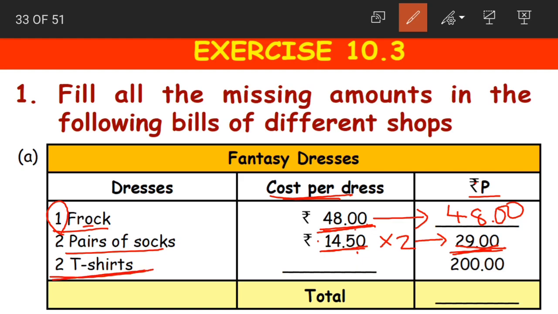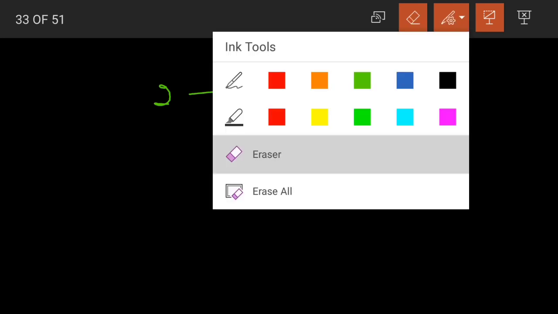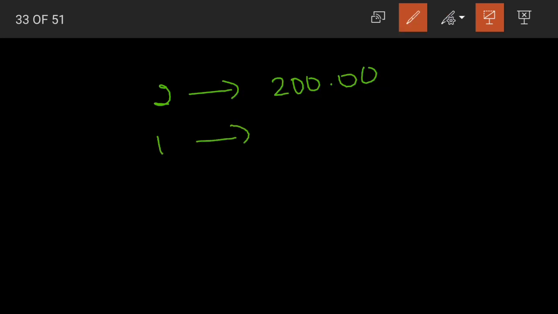Then we have bought two t-shirts. The cost per t-shirt is not given, but the total rate of two t-shirts is given. Two t-shirts cost 200 rupees. Then how much does one t-shirt cost, children? How can we know? Yes, we need to divide 200 by 2. 2 ones are 2.